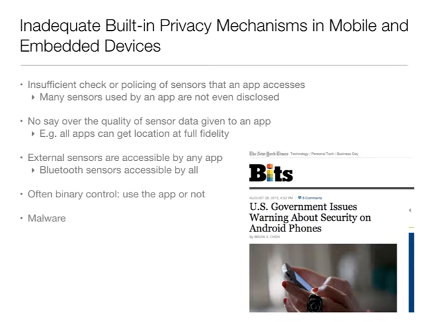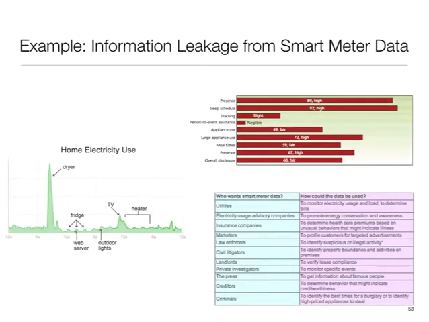So that's for mobile devices. I think with your home IoT devices, things are even less visible to us. There are plenty of examples of things that can be inferred. Smart meter data has been a good candidate for privacy advocates to point out the kind of things that can be inferred from it.